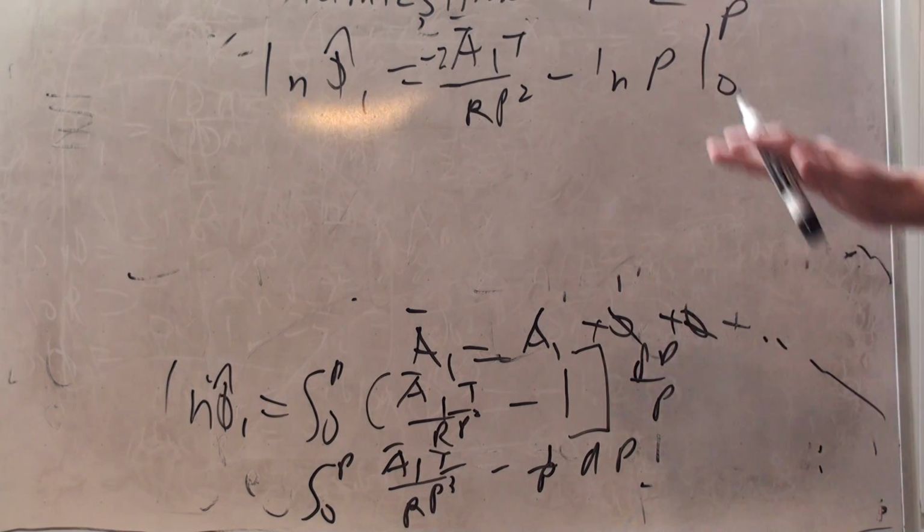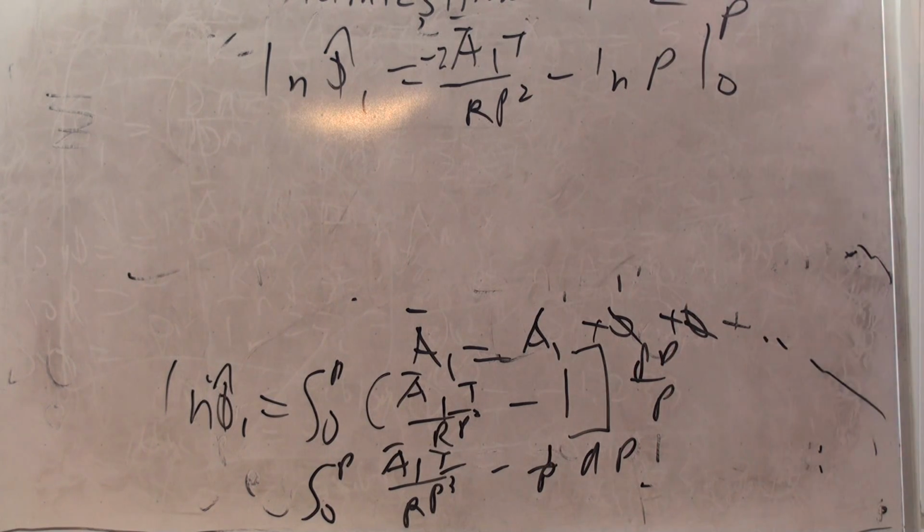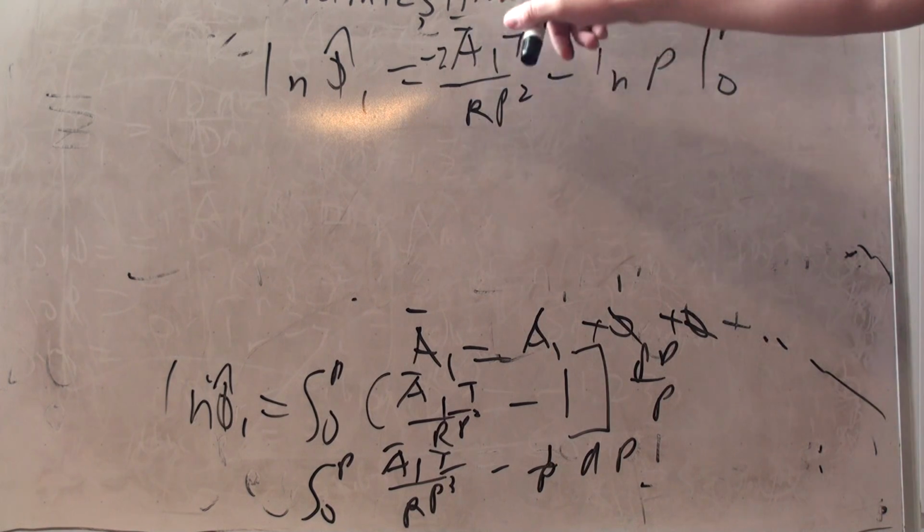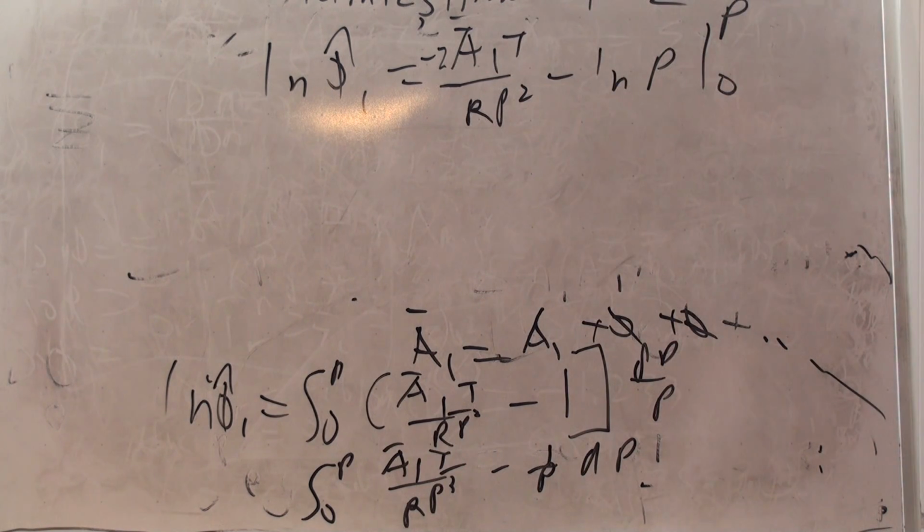I know half of you are just going to say, oh, well then it's just this minus natural log of P and my answer's done. No, show your work and you'll find out it's not done.